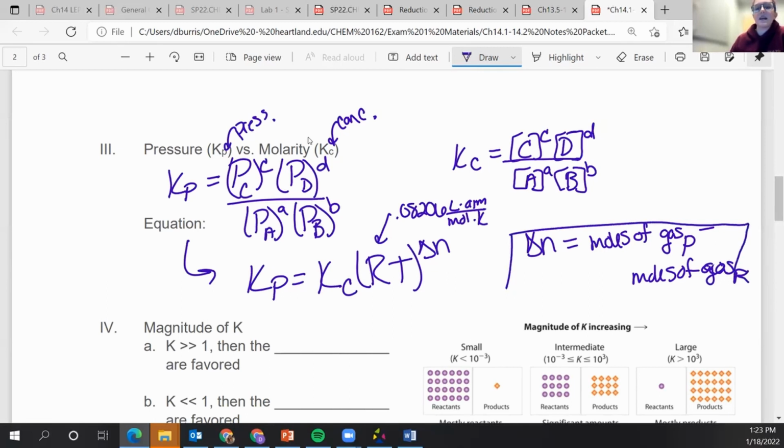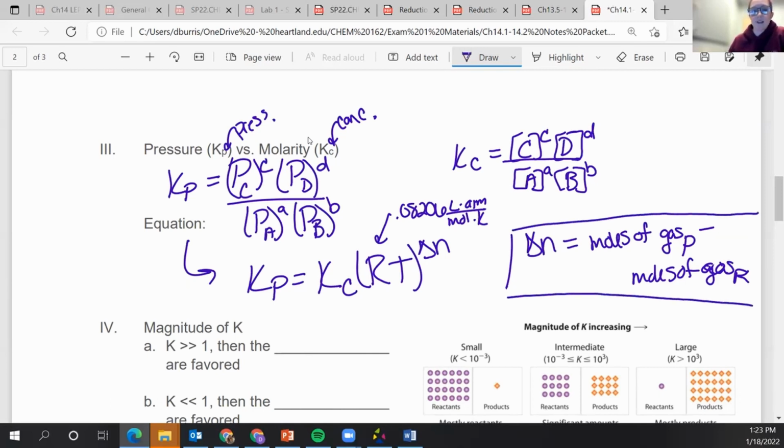So products minus reactants, like most change in equations are, but it's the number of moles in the balanced reaction. So we're going to do one of these in a little bit, but what that means is how many moles of gas are produced versus how many moles of gas are in the reactants.